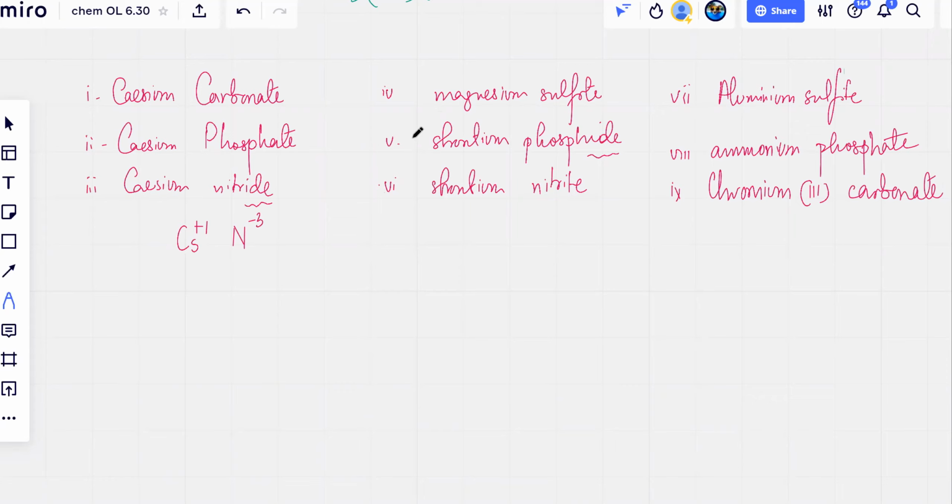Ammonium phosphate looks fine as well. ठीक है, what about chromium 3 carbonate? So that's fine as well. ठीक है, all good.